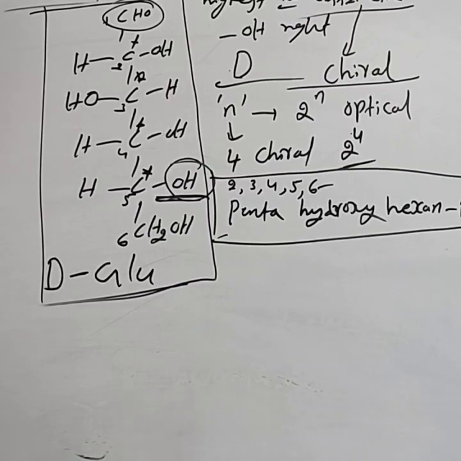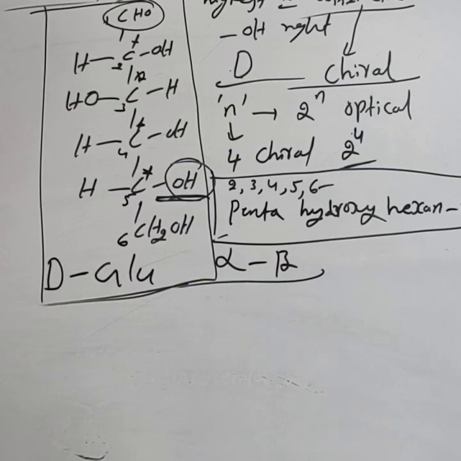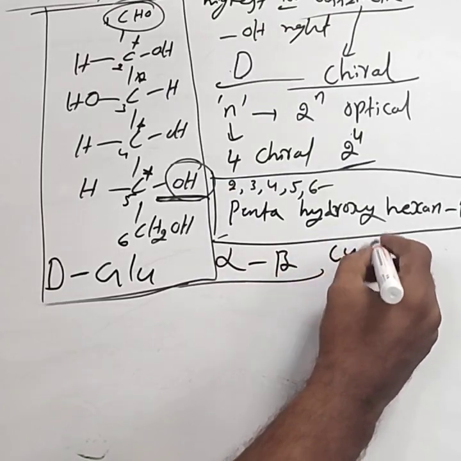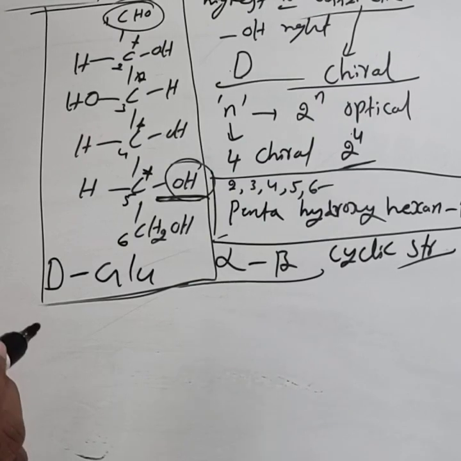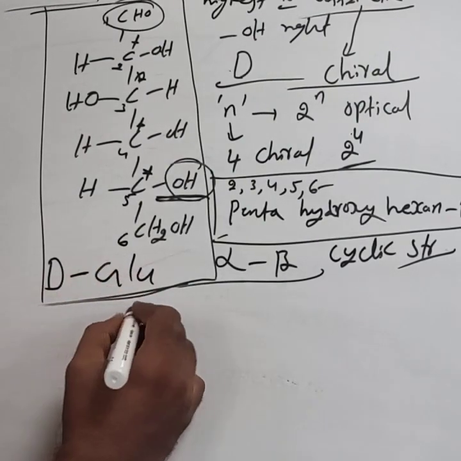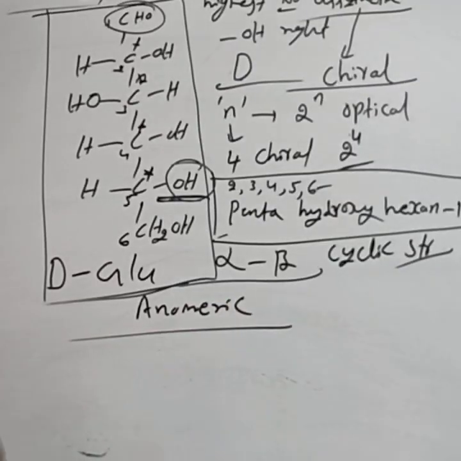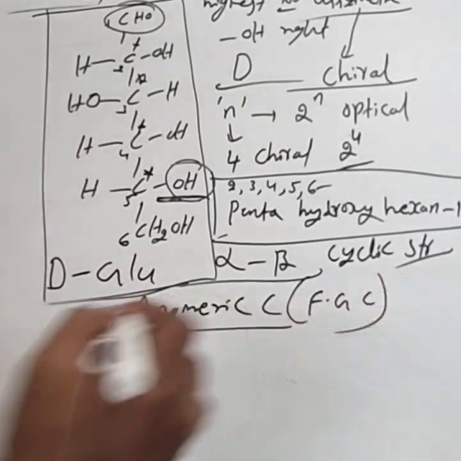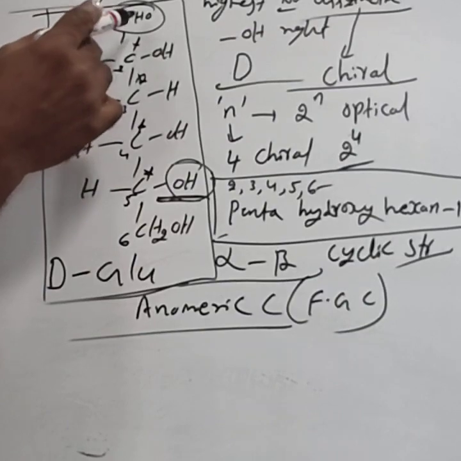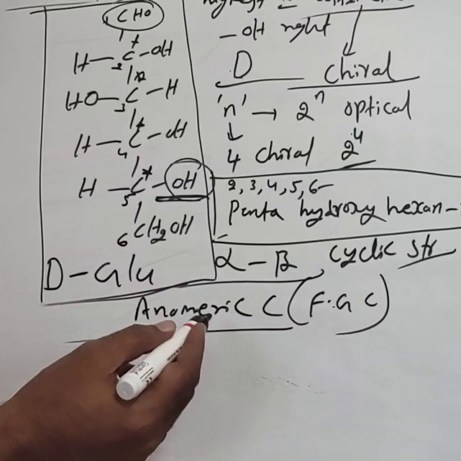Then we can consider the alpha and beta notation, which applies to the cyclic structure. While writing the cyclic structure, consider the anomeric carbon, which means the functional group carbon. The functional group in glucose is aldehyde, and that carbon we call the anomeric carbon atom.